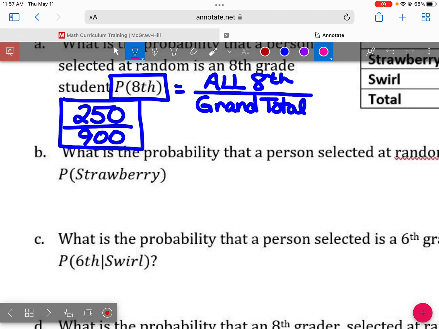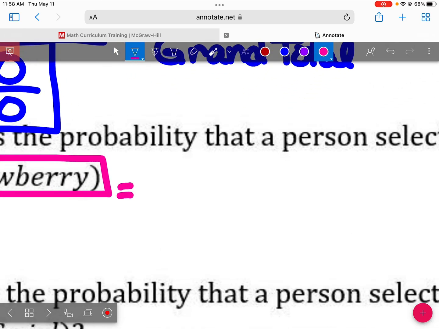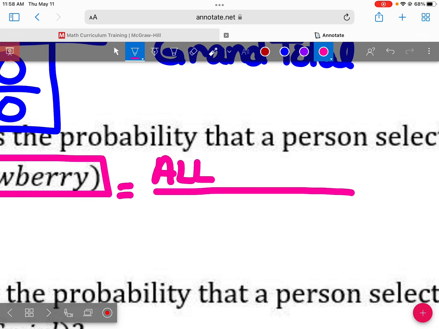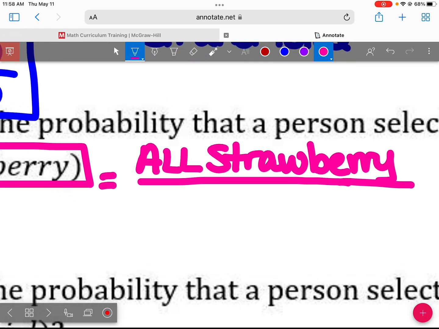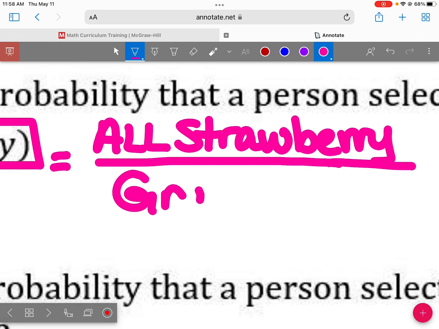Part B, almost the same, except I'm not looking at 8th graders anymore. I want the probability that strawberry is their favorite flavor. So my numerator is all strawberry. And the denominator is the grand total.